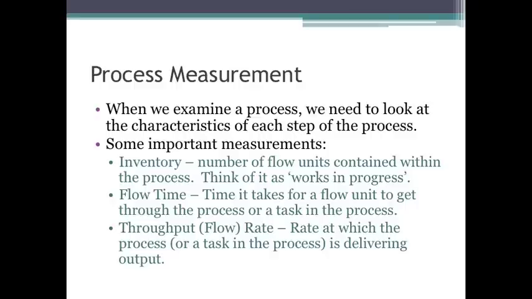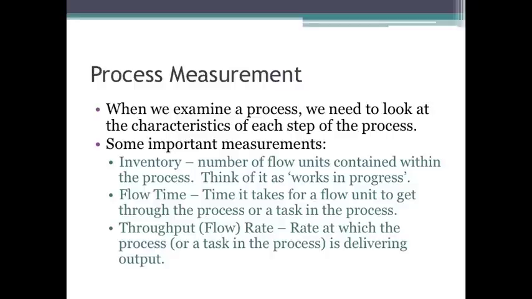So, when it comes to our process, there's several things that we need to measure. There's several things that we view as important. So, some important measurements. First, what we call inventory. The definition can change a little bit, but a good way of thinking about it is it's the number of items contained within a particular location at a particular time.